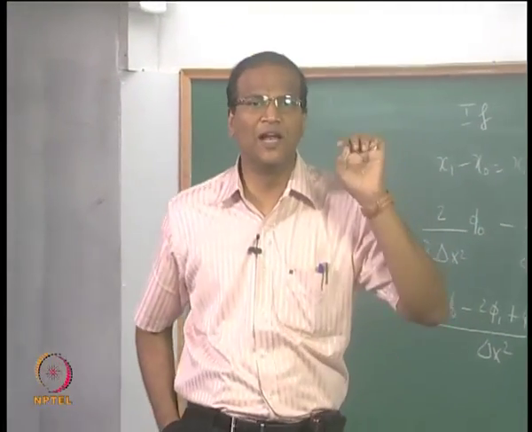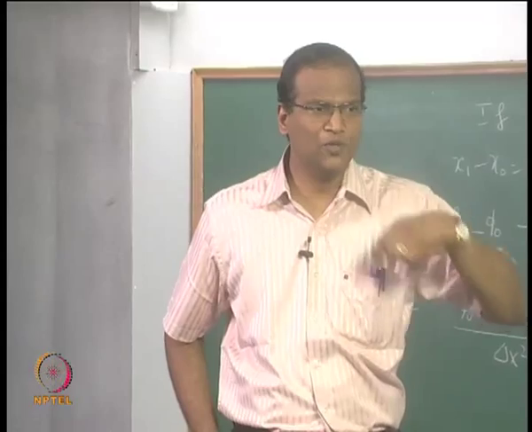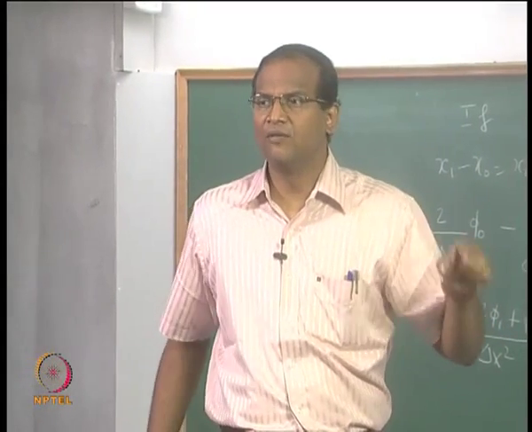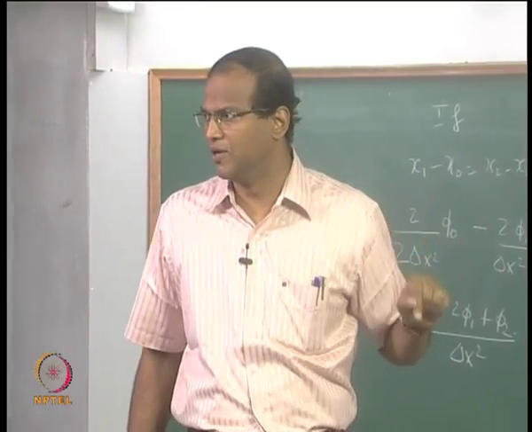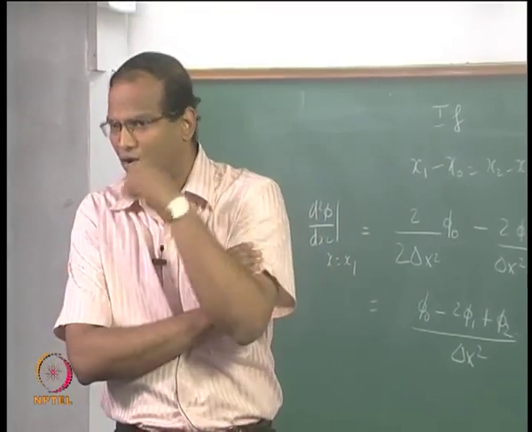This is purely from getting an interpolating polynomial. By using the concept of an interpolating polynomial, a second order accurate interpolating polynomial, we are able to get the second derivative of a variable phi.